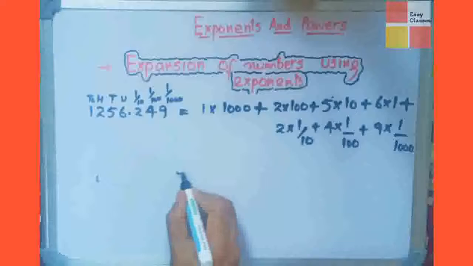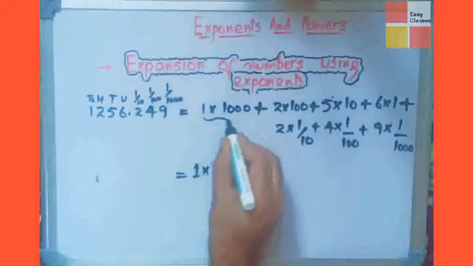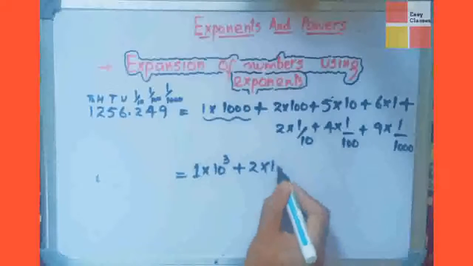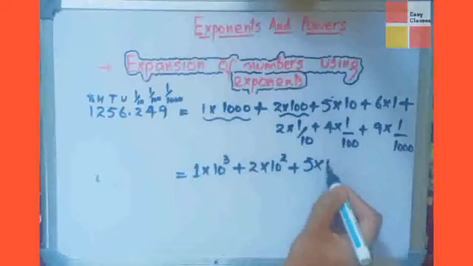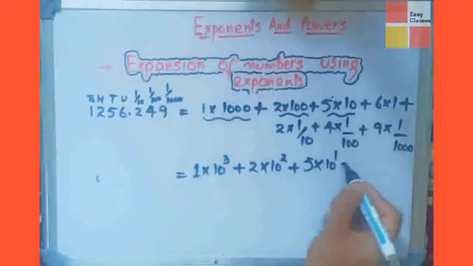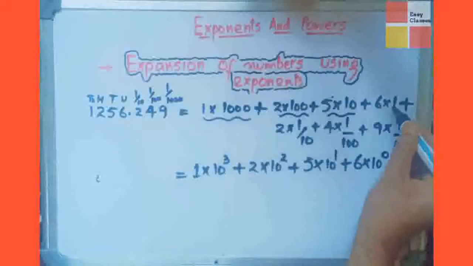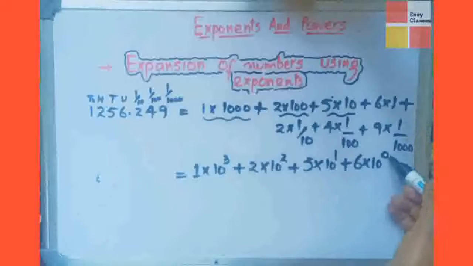Okay, so that is equal to 1 into 10 raised to power 3, plus 2 into 10 raised to power 2, plus 5 into 10 raised to power 1, then plus 6 into 10 raised to power 0. Since here is 1, we can put 1 in this form, 10 raised to power 0, which is equal to 1.